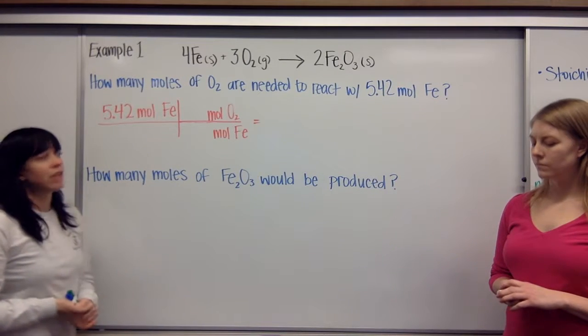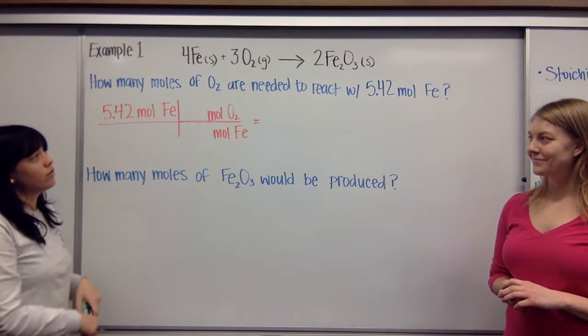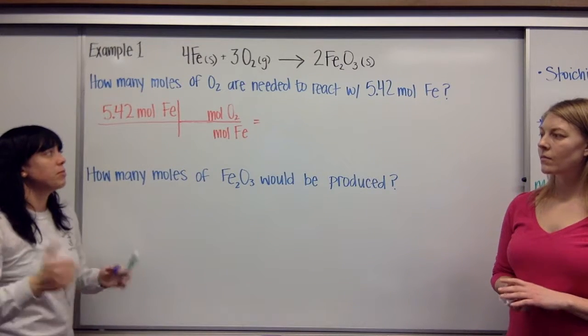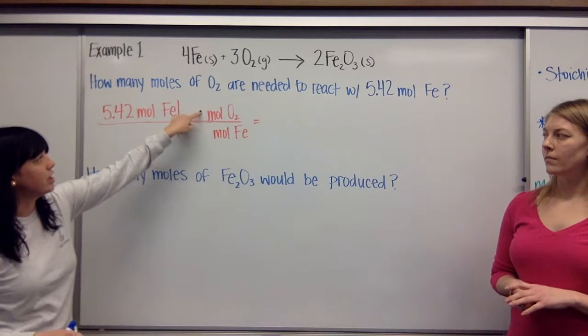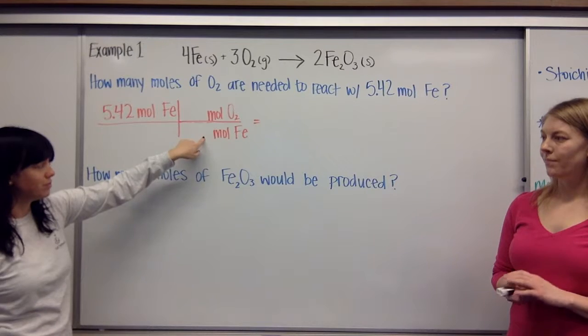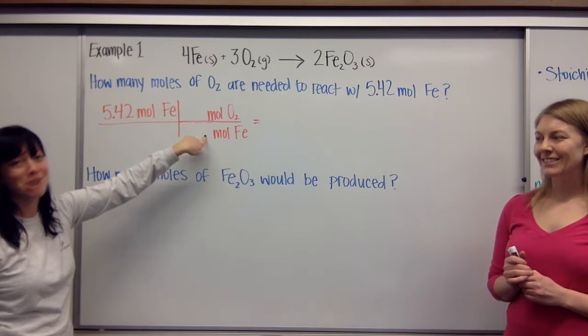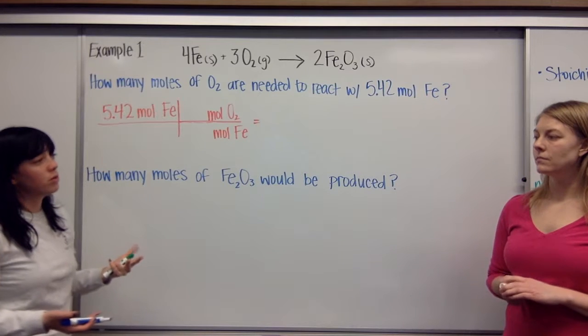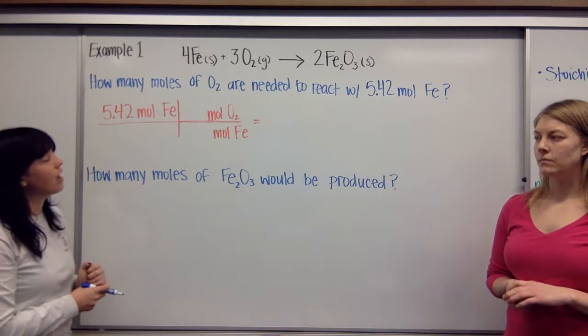So we start out with our given, which is the part in the equation, 5.42 moles of iron right here. I put my moles of iron on top. I'm trying to get into moles of oxygen, so that is what I have on top. I put my moles of iron on bottom because that's what I'm trying to get out of. And then I use my mole-to-mole ratio that you just looked at on the last page.